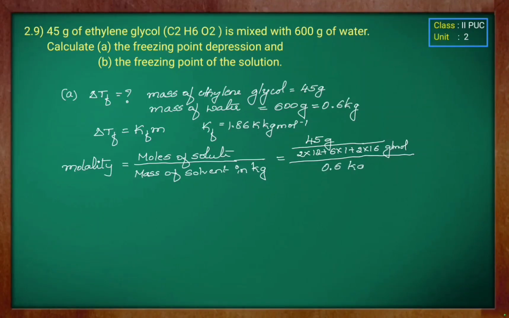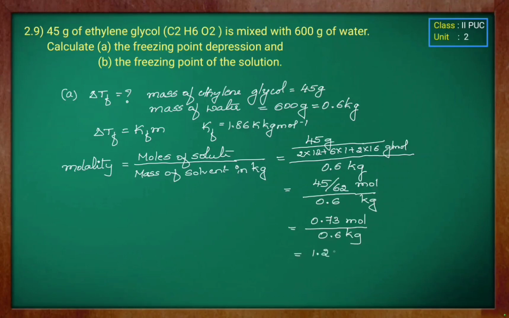So 45 grams divided by molar mass of ethylene glycol, that is 62 grams per mole, divided by 0.6 kg. 45 divided by 62 is 0.73 moles divided by 0.6 kg. So dividing 0.73 by 0.6, we get molality of the solution, that is 1.2 mole per kg.